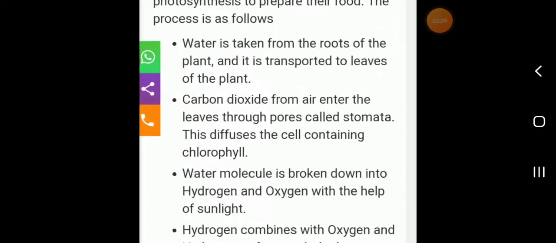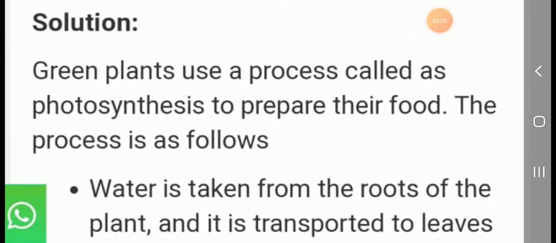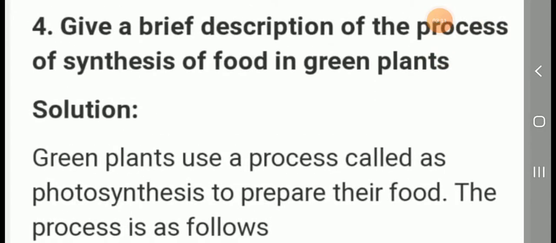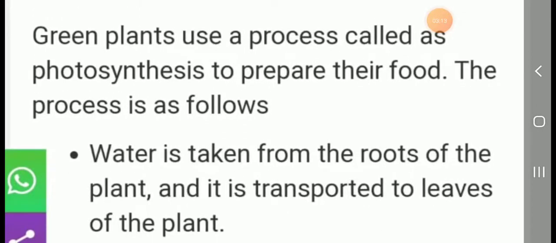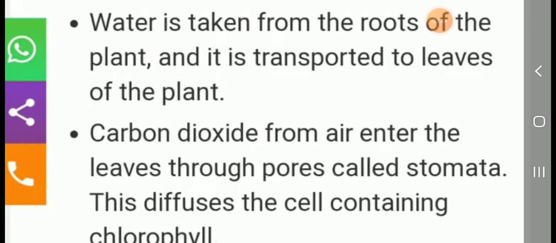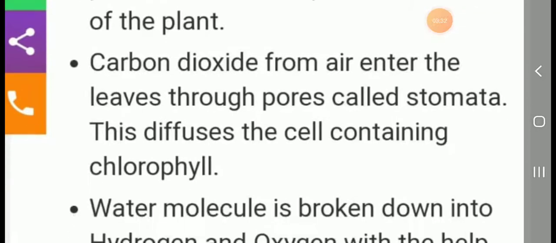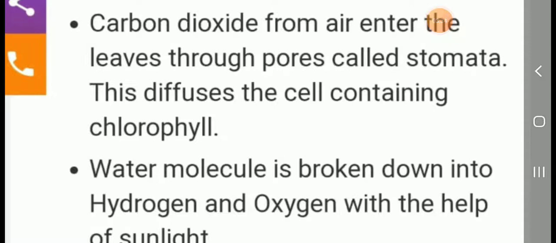Okay. Next, students, give a brief description of the process of synthesis of food in green plants. Green plants use a process called photosynthesis to prepare their food. Water is taken from the roots of the plant and transported to the leaves. Carbon dioxide from the air enters the leaves through the stomata.